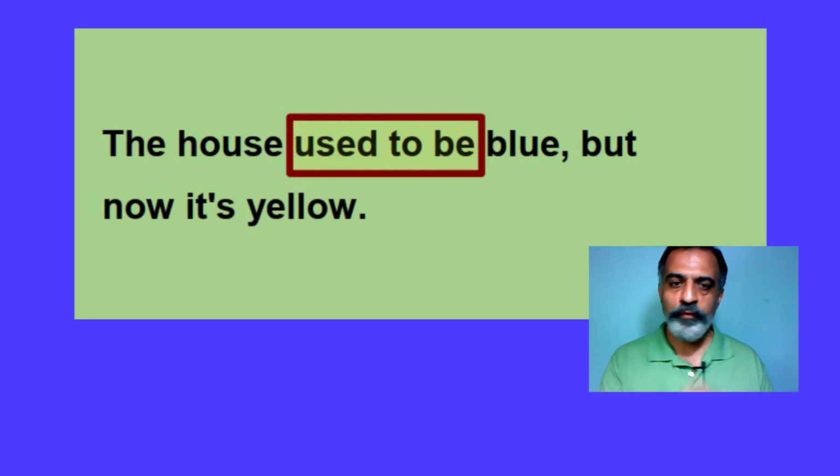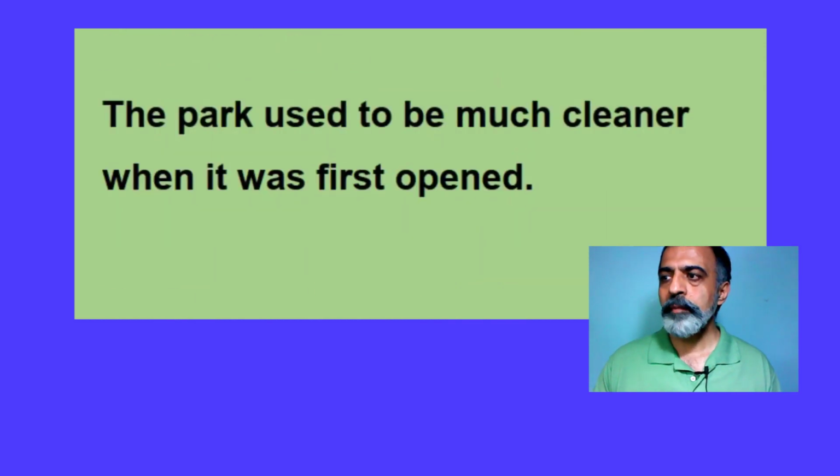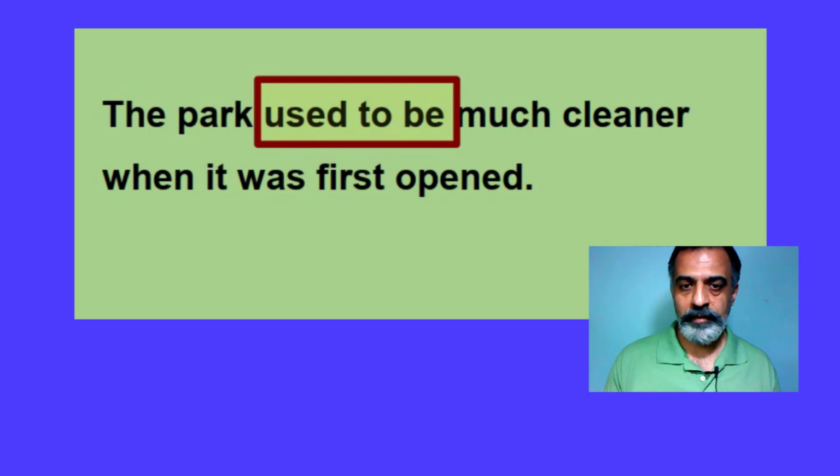It means that before it was blue, but now it is yellow. The park used to be much cleaner when it was first opened, but now it is not that clean.